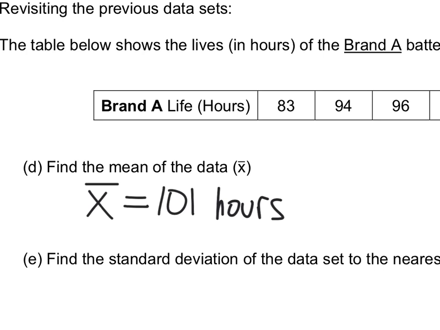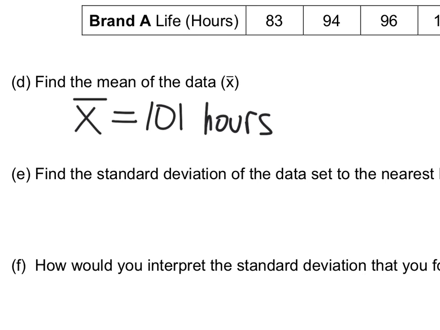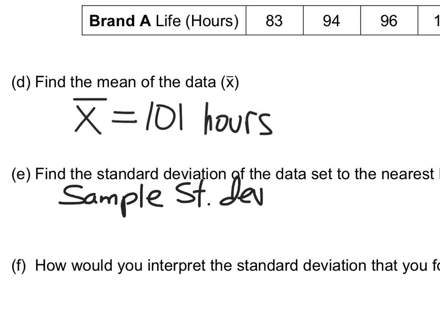Find the standard deviation of the data set. Now, this is the issue that comes into play. Standard deviation takes on two forms. You have a sample standard deviation, and you have a population standard deviation.